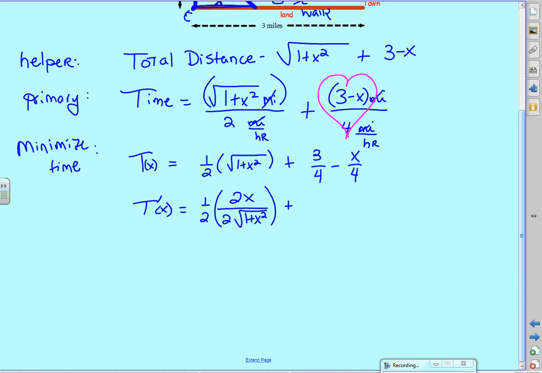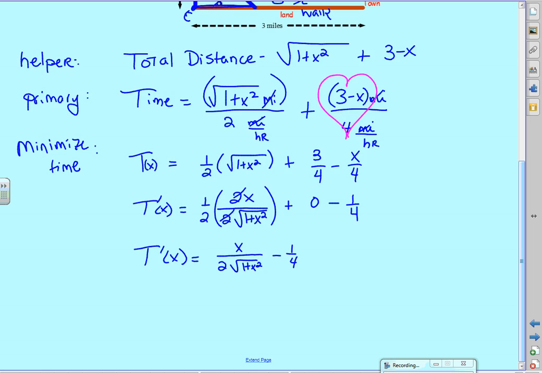Plus the derivative of 3/4 is 0, of course, and the derivative of x over 4 is going to be simply the 1/4 multiplier there. And straightening this out a little bit, we can cancel 2's there, and t prime of x is going to equal x over 2 square root 1 plus x squared minus 1/4.